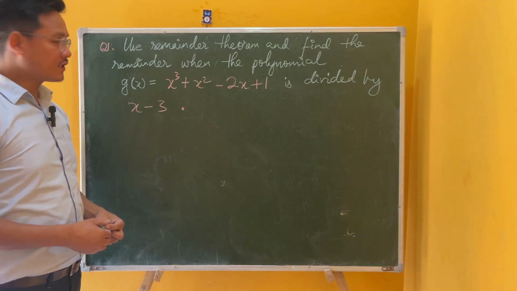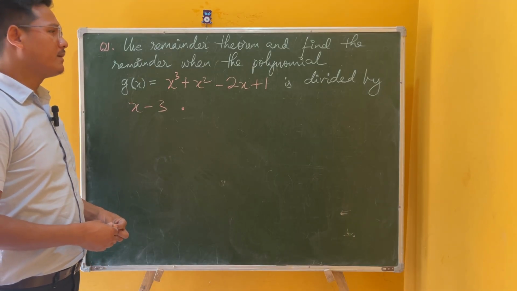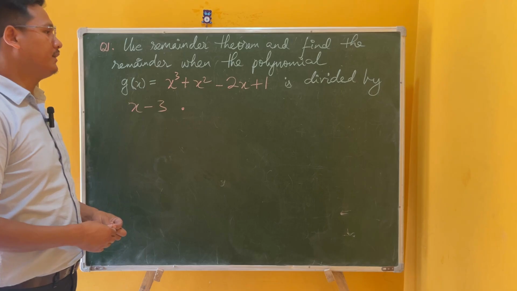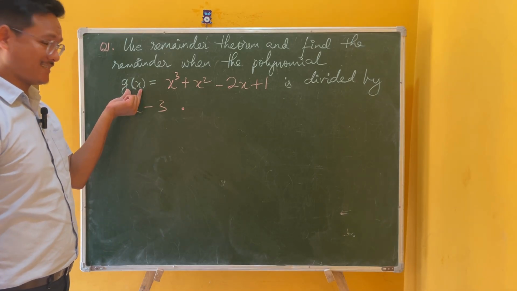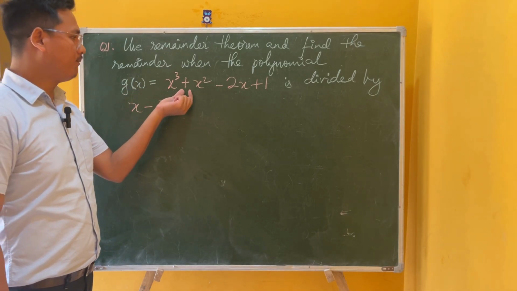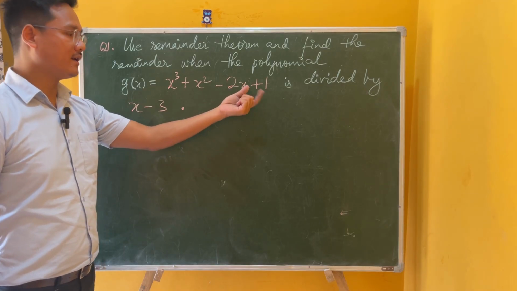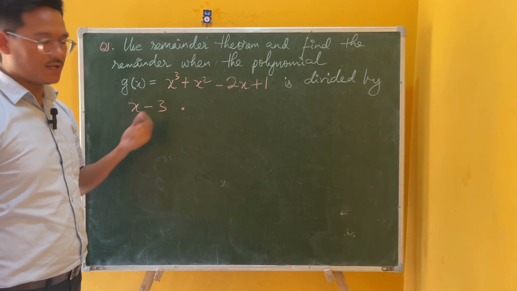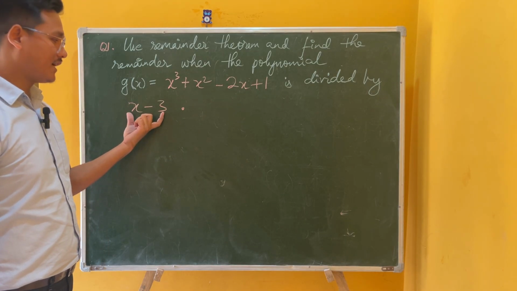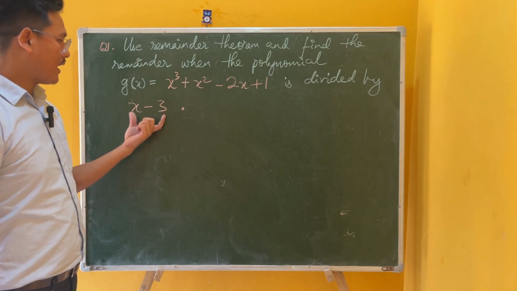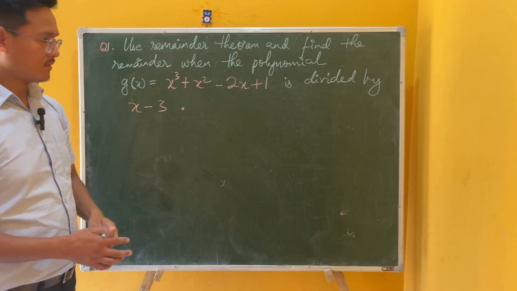So we have our first question. Use the remainder theorem and find the remainder when the polynomial g of x, x cubed plus x square minus 2x plus 1, is divided by x minus 3. So here the divisor is x minus 3 and the dividend is this.